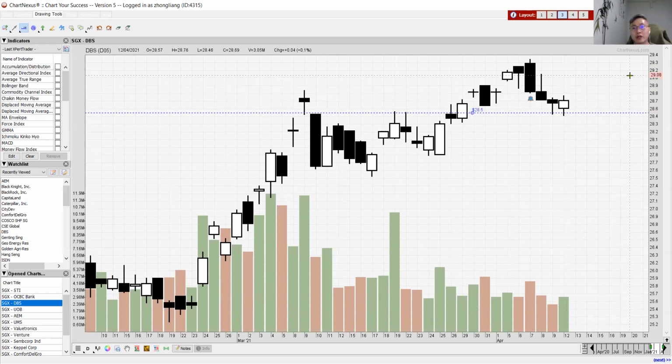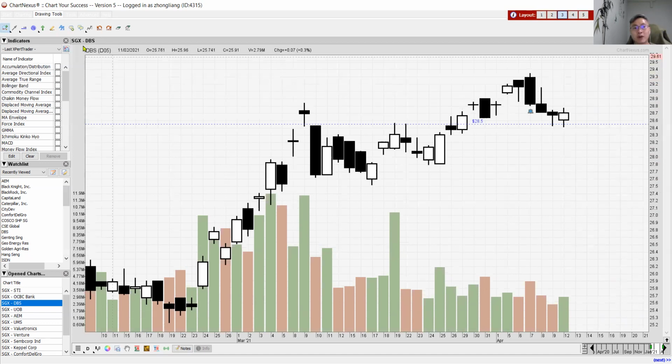And what we want to see is if we bounce back to test the resistance level at around 29.32, then this will help DBS to keep its uptrend, because by rebounding back to 29.32, we would see the higher low established and the stock continue to move in the uptrend direction.